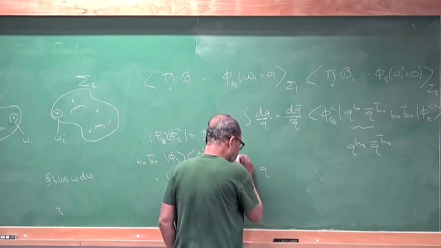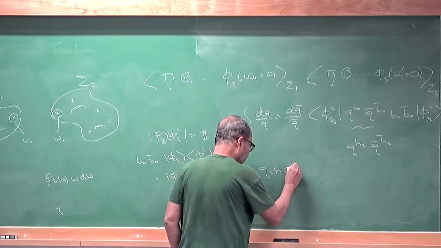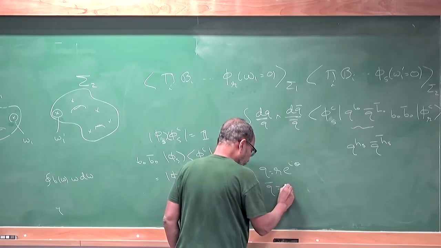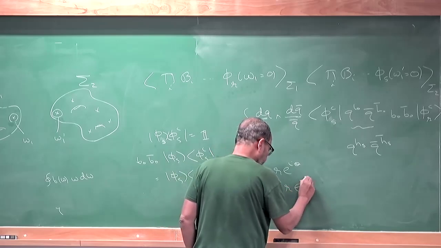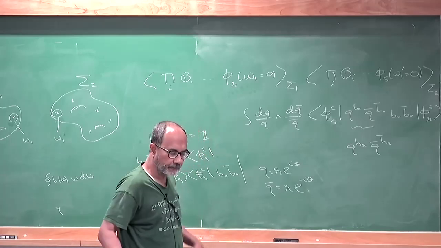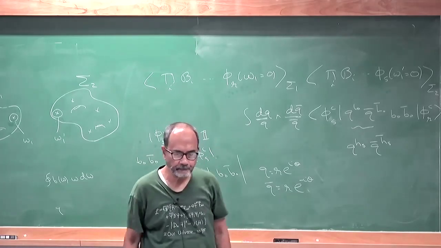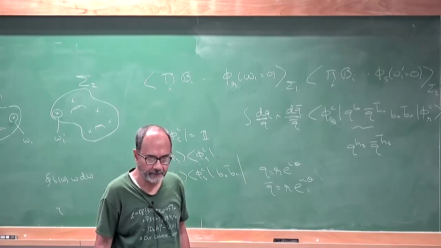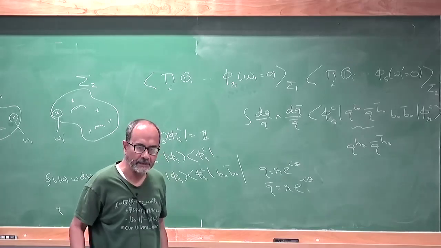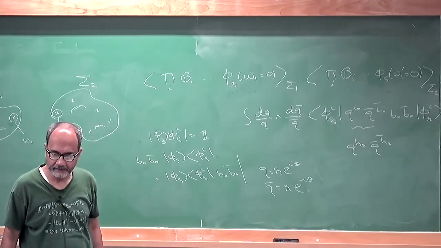So we can change variable Q equal to R e to the I theta, Q bar as R e to the minus I theta. Yeah, mod Q is between 0 and 1. Q is a complex variable, right? So mod Q is restricted between 0 and 1. Unit disk. Basically, mod Q is restricted to the unit disk.